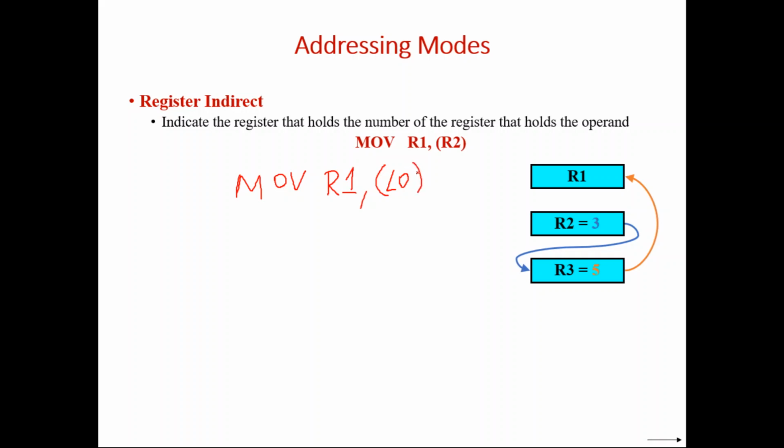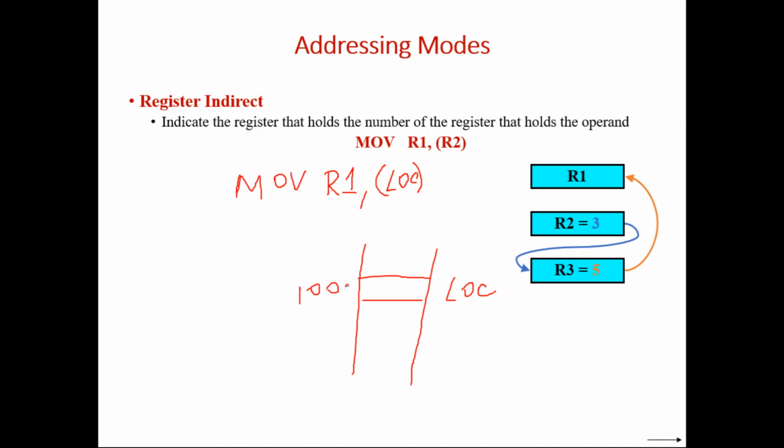Now let us assume LOC is some address in the memory. Say the address of LOC is 1000.